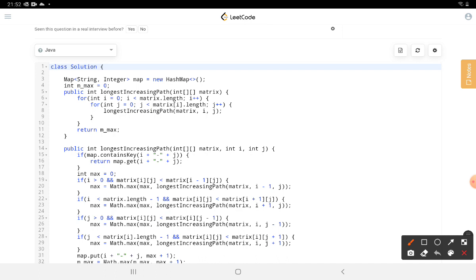That map is needed for keeping track of the longest lengths of the paths which we have already found out. This is an optimization, also called memoization, so that we do not keep on recalculating the best path for the same cell again and again. So this is this map actually. Mmax is the maximum length of the path globally found till now.